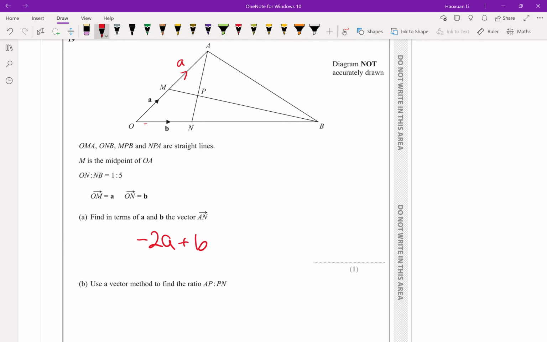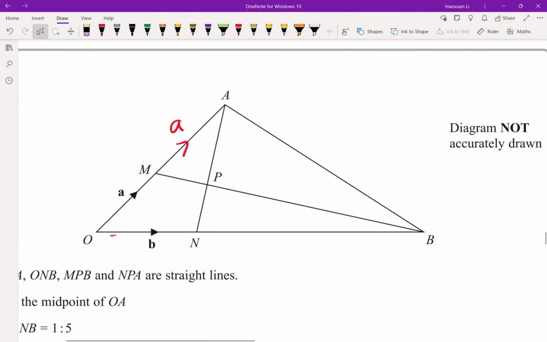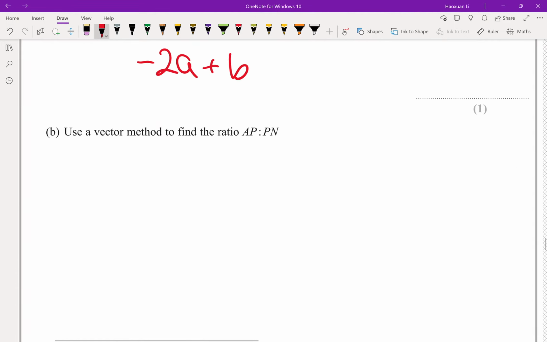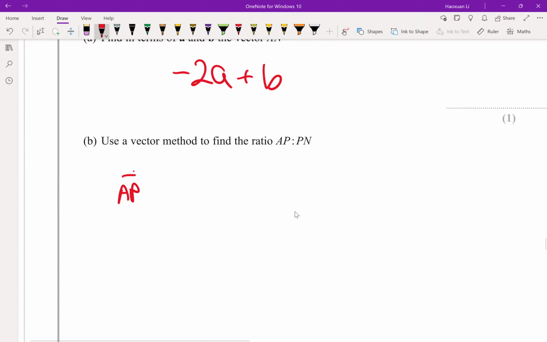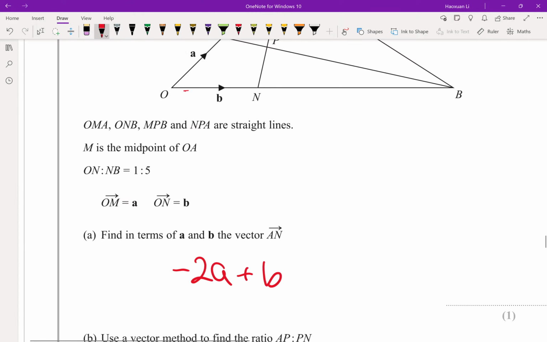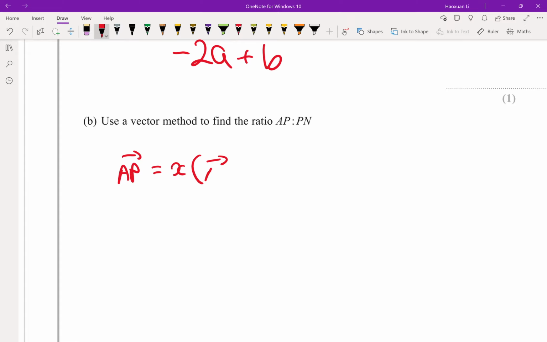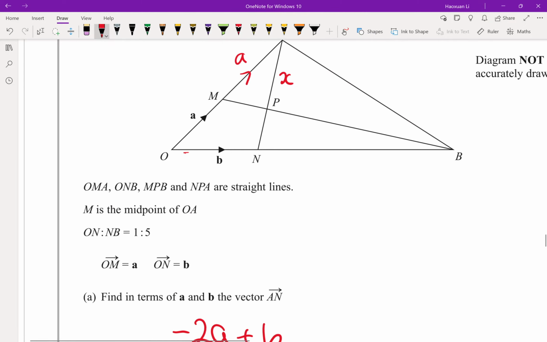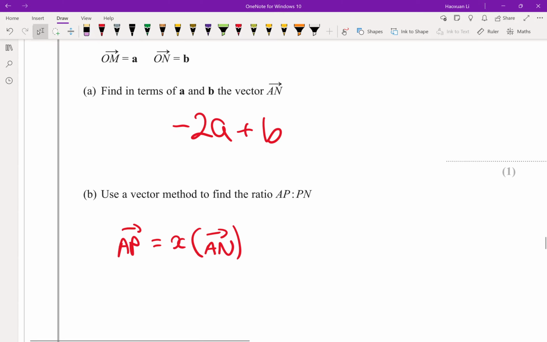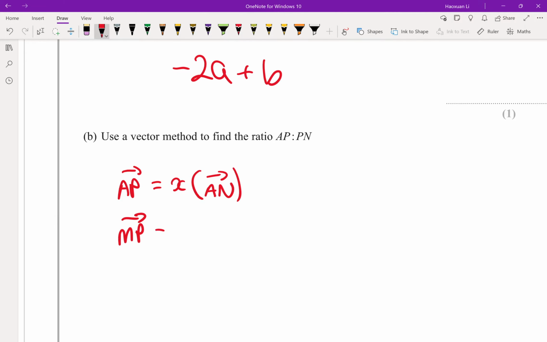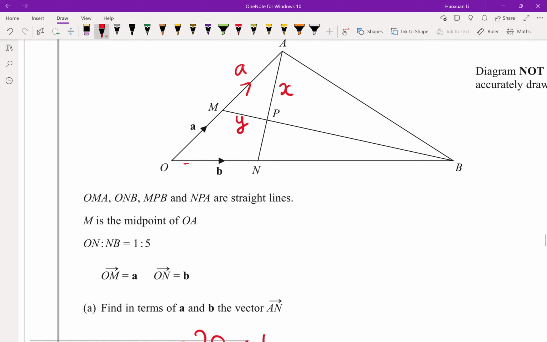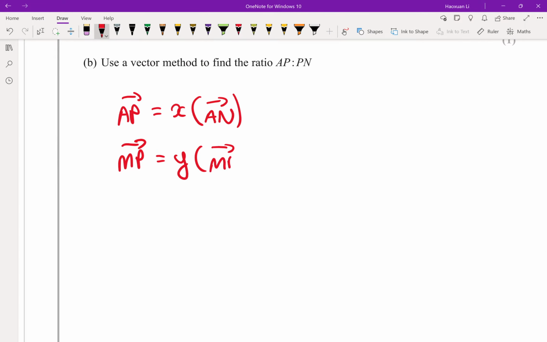Now for question B. Use the vector method to find the ratio AP to PN. So how I will do this is I will use the fraction method. So AP is a fraction of AN, and MP is a fraction of MB.